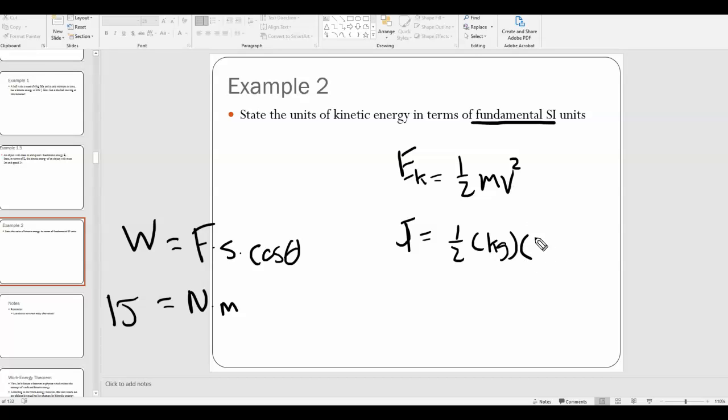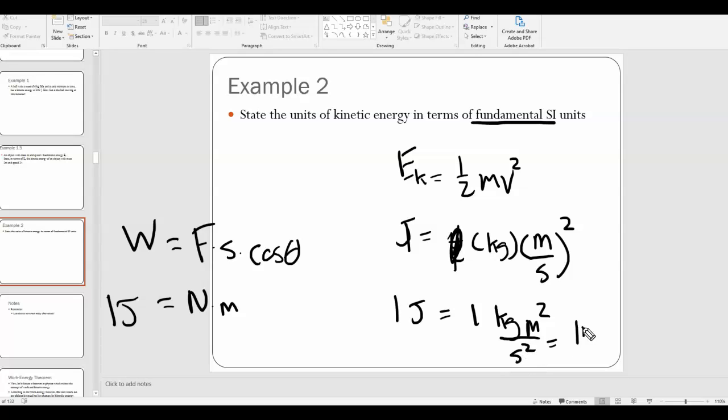Speed squared would be meters per second, squared. And the 1/2 doesn't really change anything about the unit, so I don't care about the 1/2. But what I find is 1 joule is equal to 1 kilogram meters squared per second squared, or in IB notation, 1 kg m^2 s^-2.